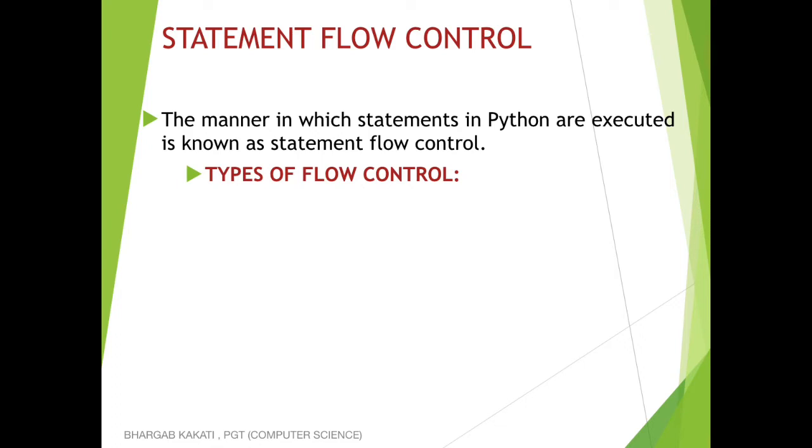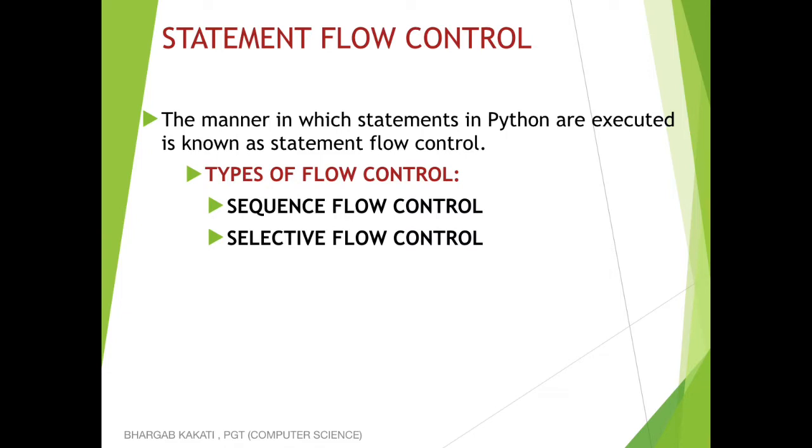After which line, what will be the next line to run, and after that line, what will be the next following line to run, is denoted by the statement flow control. There are basically 3 types of flow control in the Python programming language. The first type is the sequence flow control, which is followed by the selective flow control, and thirdly we have the iterative flow control.